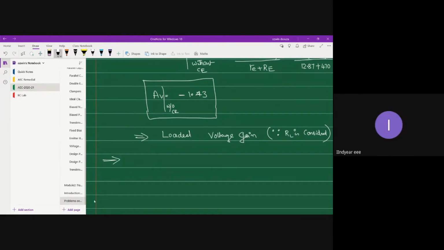In transformers, you must have come across something known as voltage regulation. Yes, sir. We say change in secondary terminal voltage from no load to full load. So in transformers, which voltage is more, no load voltage or full load voltage? No load voltage.